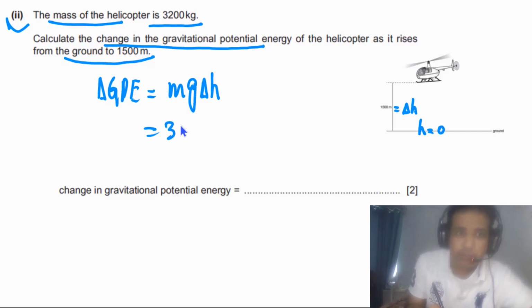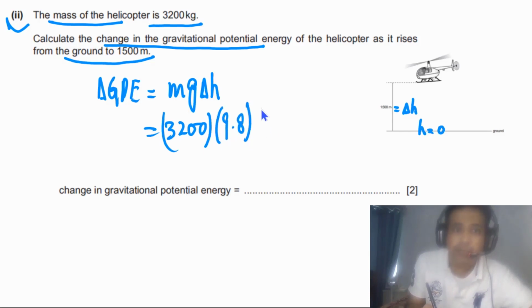The mass of the helicopter is given to us, that is equal to 3200, and for the value of g we can use 9.8, and the change in height we have is equal to 1500 meters.